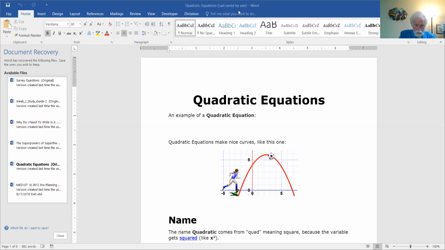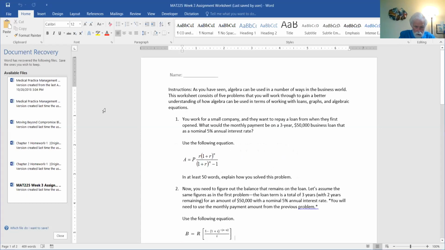What I would like to do next is look at the worksheet for this week, because there are some issues, and we'll go back and take a look at the assignment as well.